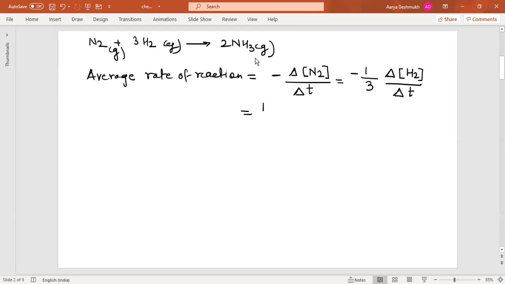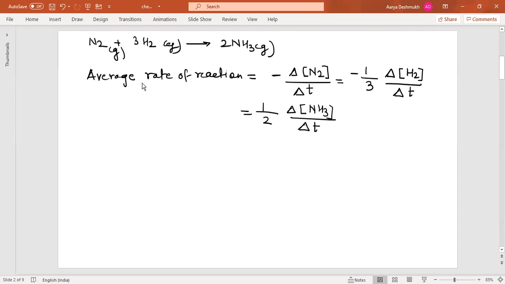So the concentration of this NH3 should be divided by its coefficient. So you can write here half, 1 by 2, and delta concentration of NH3 divided by delta T.